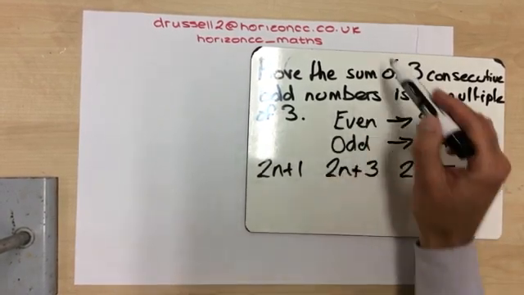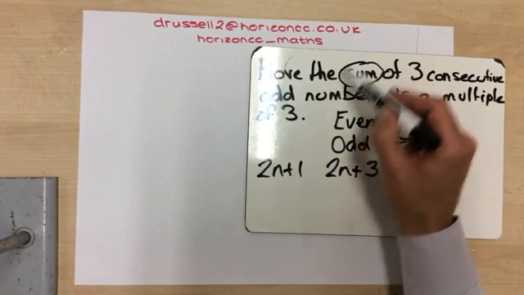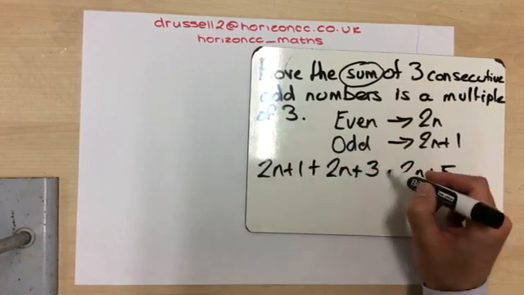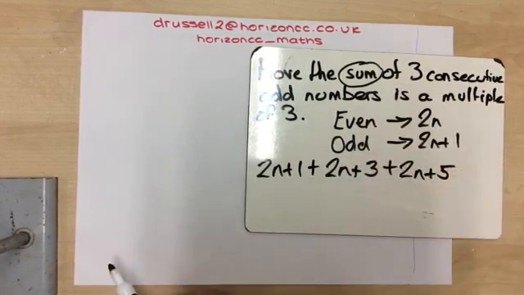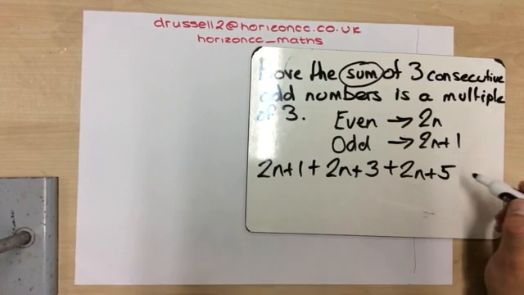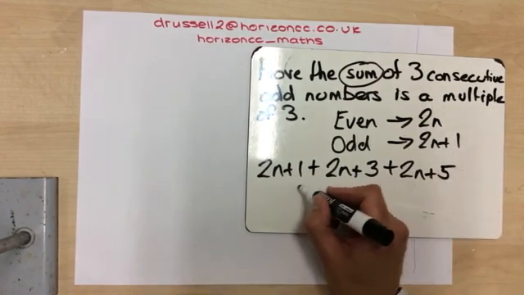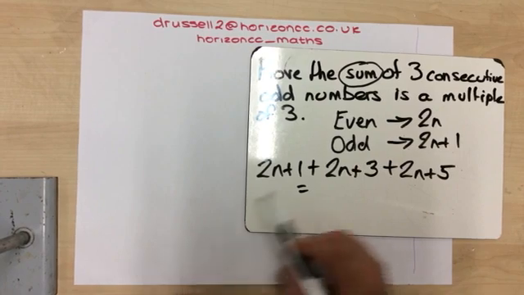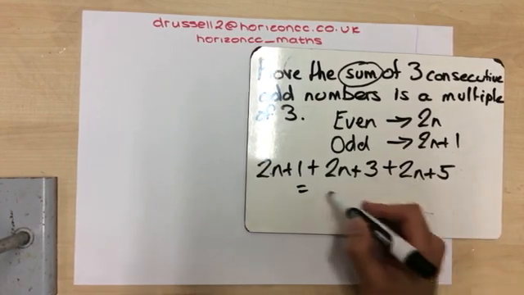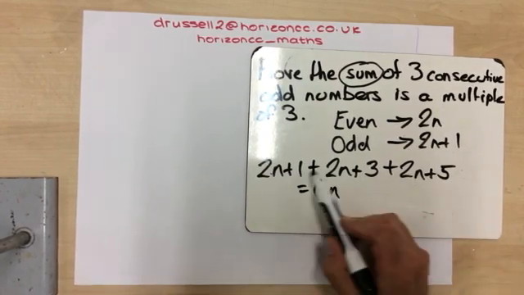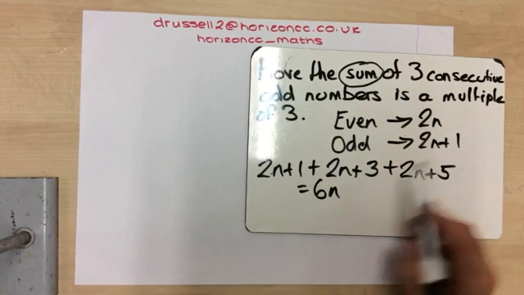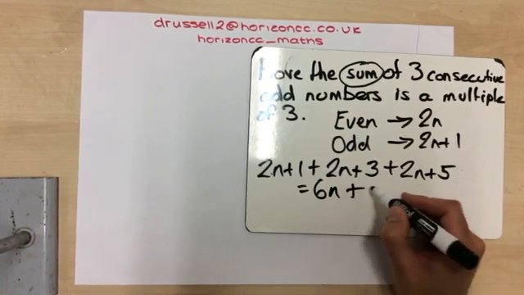Going back to the question, we're asked for the sum of, which means we're adding these together. And we're asked to show that it's a multiple of 3. So if we collect together that big mess, we've got 2n, 4n, 6n. We've then got 1, 3, and 5, which makes 9.